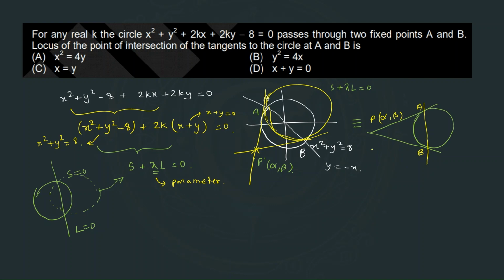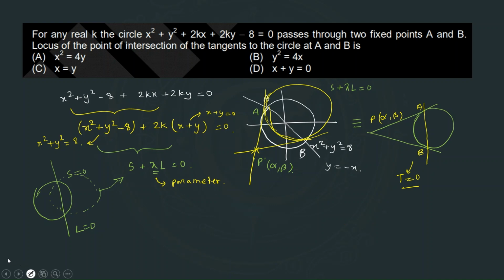Now how to find the locus? We can use the concept of chord of contact here. We can say that the chord of contact of the tangents drawn from P to the circle S plus lambda L equal to 0 is nothing but AB. So we can directly write the equation of AB, which is T equal to 0.